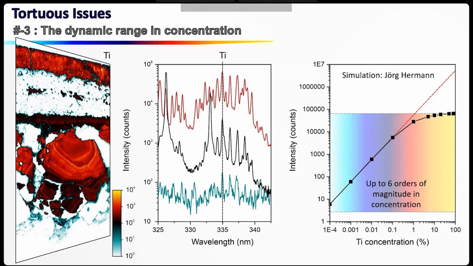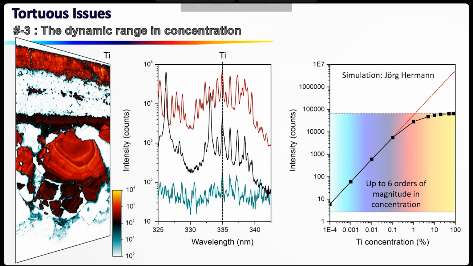And this is not very good for analytical application, but for us, this is very good because we can then extend the dynamic range of measurements. If you look here, with our ICCD detectors we have like 4 orders of magnitude in terms of detection range.